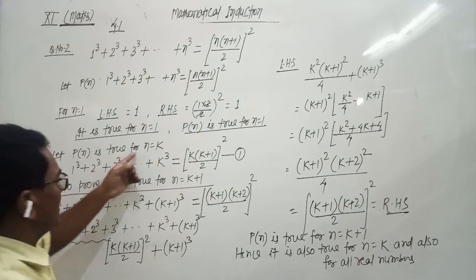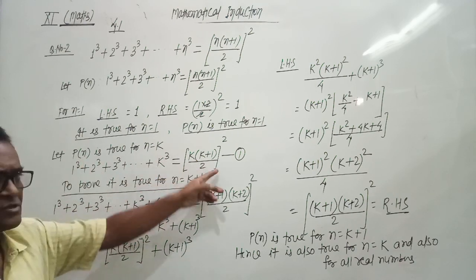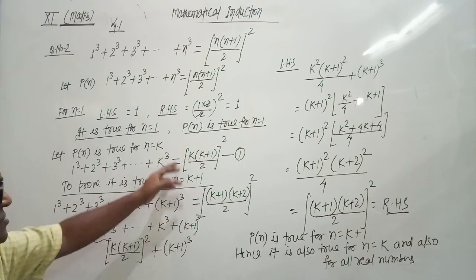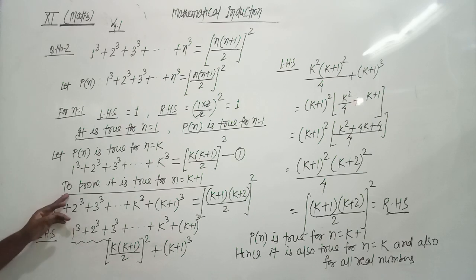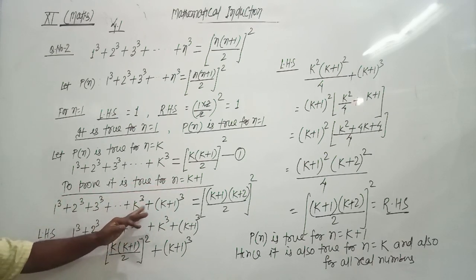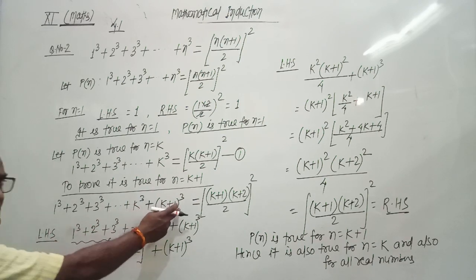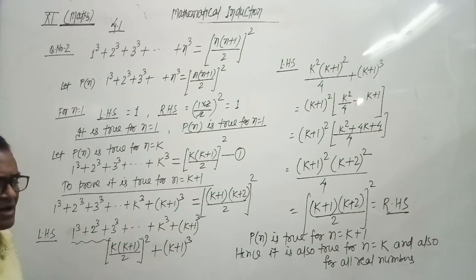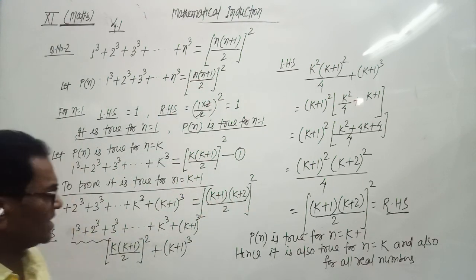In the next step, we suppose that this statement is true for n equals to k, and at the place of n we write k, on both the sides, LHS and RHS. Then we prove that it is true for n equals to k plus 1. So after k, we will write the term containing k plus 1, and on the right side at the place of n, we placed k plus 1.